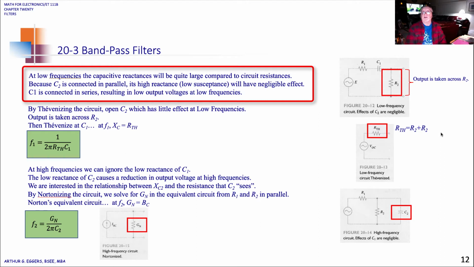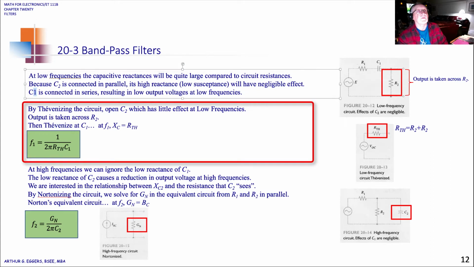So they're saying that the effects of C2 will be negligible, because C2 is connected in parallel, its high reactance will have a negligible effect. C1 then is connected in series, resulting in a low output voltage at low frequencies.